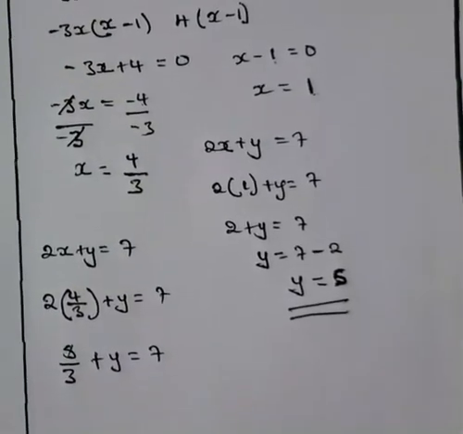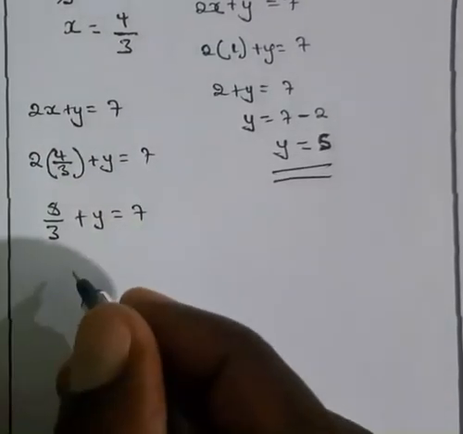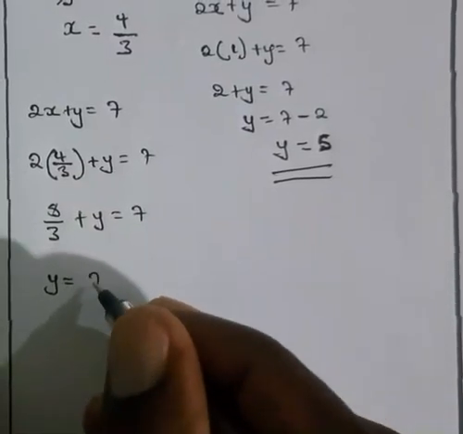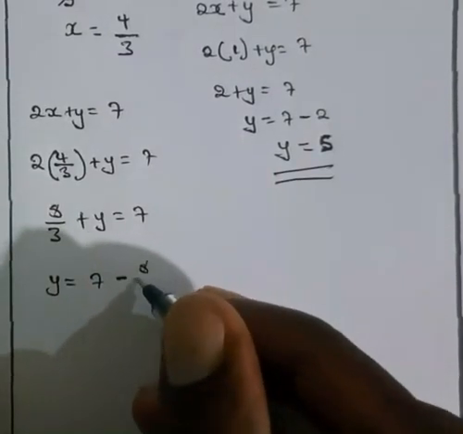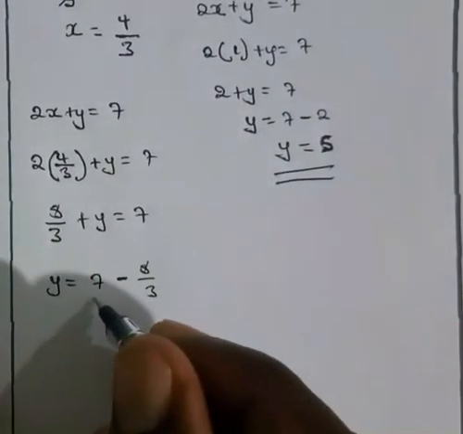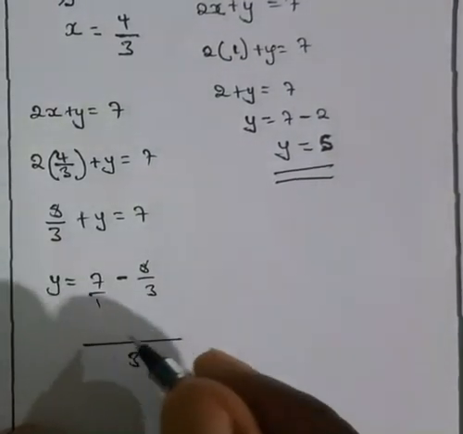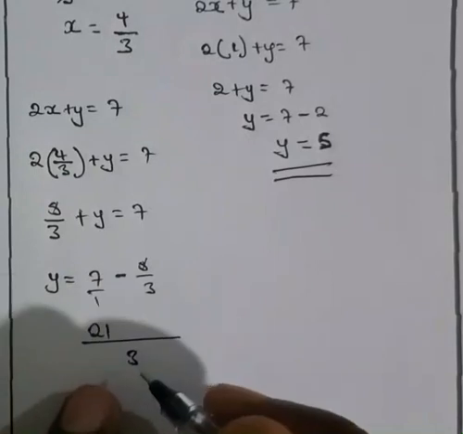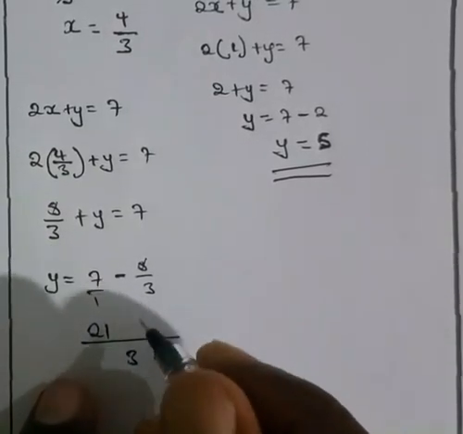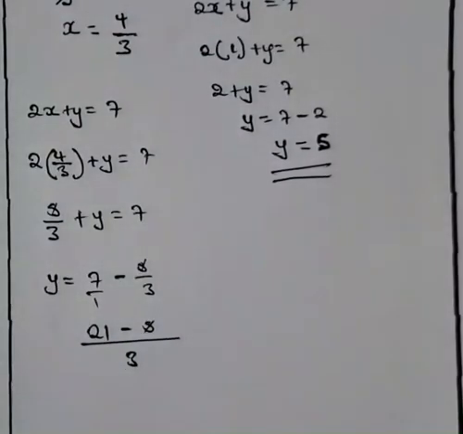So making y the subject here, how is it going to turn out? It will be y is equal to 7, and this one will be negative, minus 8 over 3. So let us just make this one over 1, and then we find the common denominator, which is 3. 1 into 3, 3. 3 times 7, that is 21. 3 into 3, 1. 1 times negative 8, that is minus 8. So 21 minus 8, that is 13.